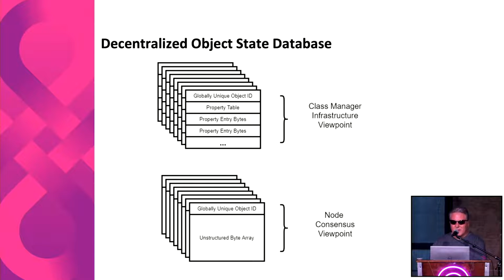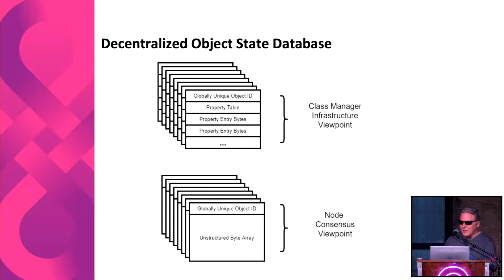But the key point is that from the consensus viewpoint, all it really knows is that I've got an unstructured array of data referenced by an object ID, and my entire job is to make sure that that unstructured set of data is constant across all of the shards when it's needed.